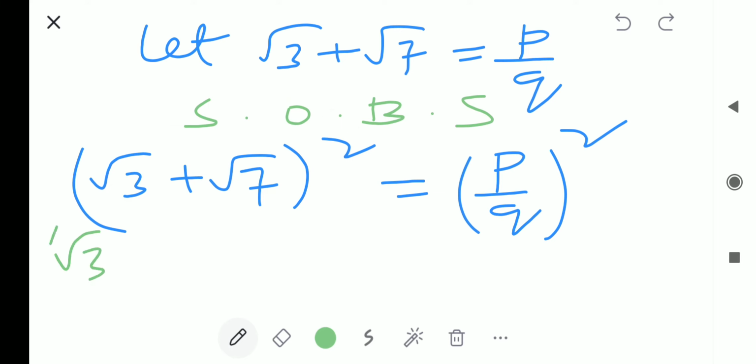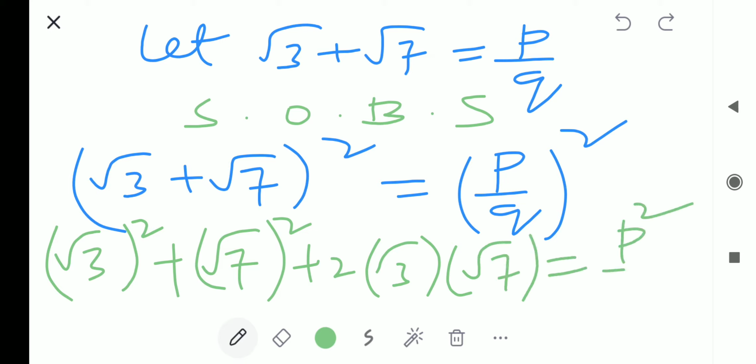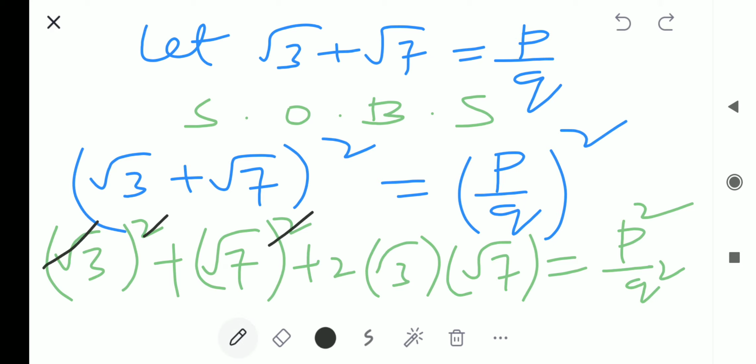A square root 3 square plus b square root 7 square plus 2ab, 2 into root 3 into root 7, that is equal to p square by q square. And going to the next step, root 3 square is 3. Here I can cancel. Square root cancel, square root cancel.